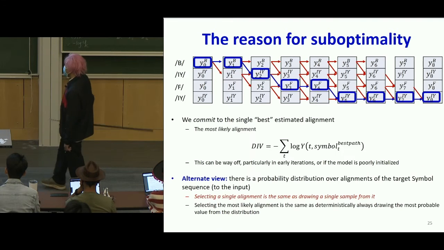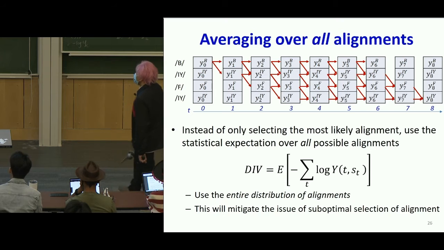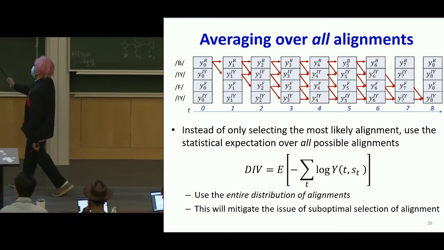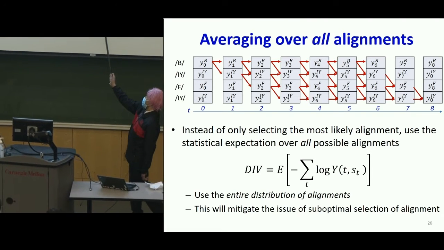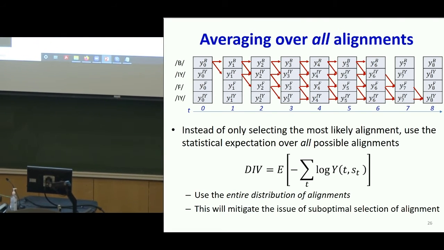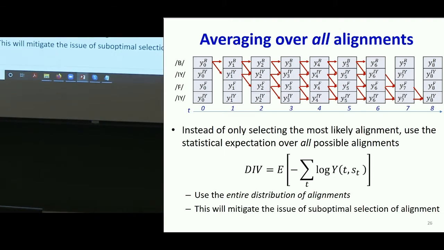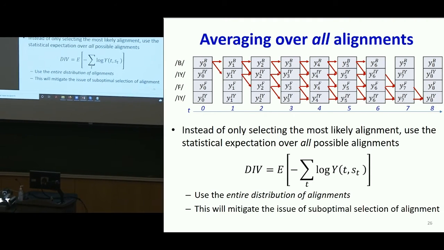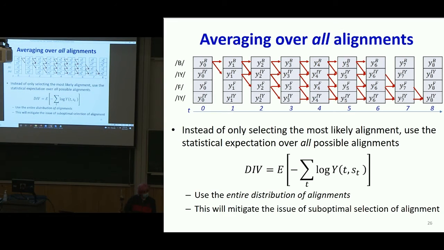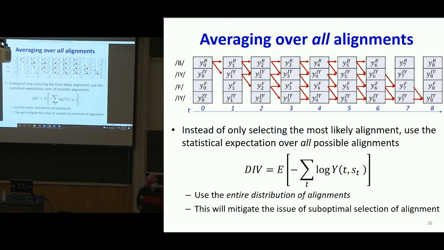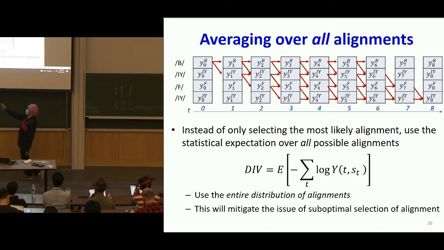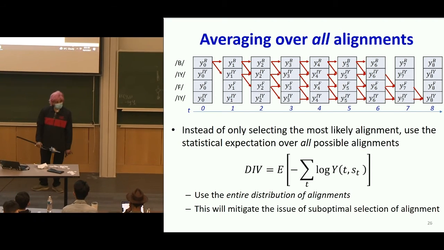So what we want to do instead is this. Every single alignment is a sequence of symbols. The divergence computed from the alignment is the negative of the sums of the logs of the probabilities assigned to the symbols in that alignment. And what we really want to do is compute the average. So this E over here is the expectation term.